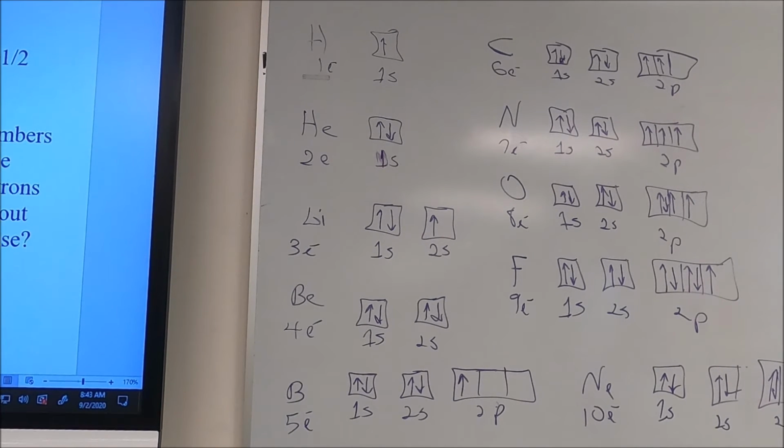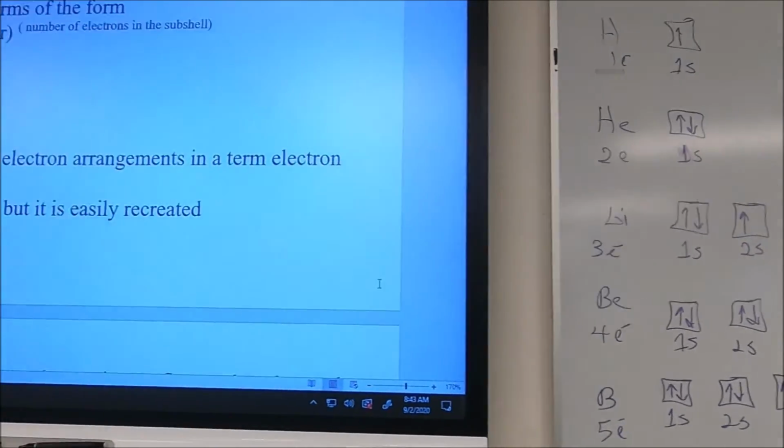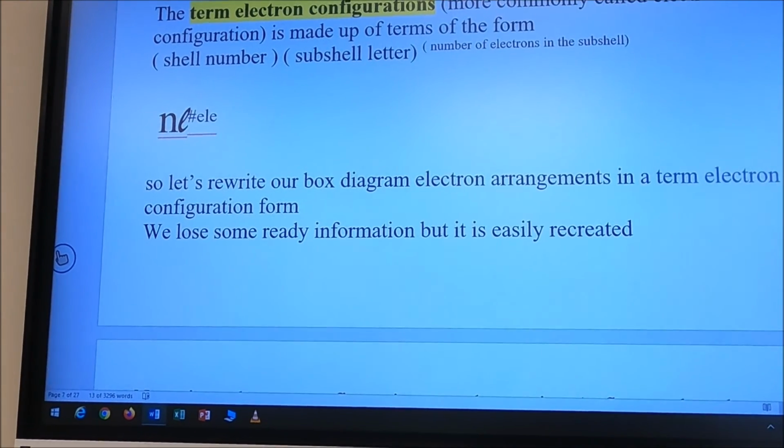Now, box diagrams are a big improvement over writing sets of quantum numbers. It's a big improvement. But we're going to move on to something called a term electron configuration. Let me scoot you back over here for a sec.